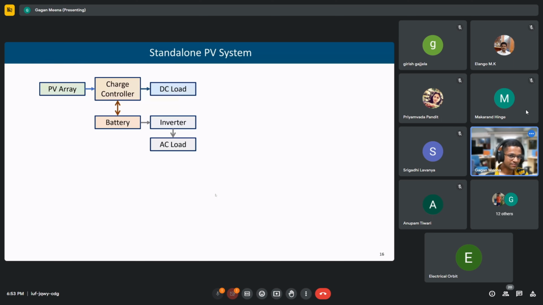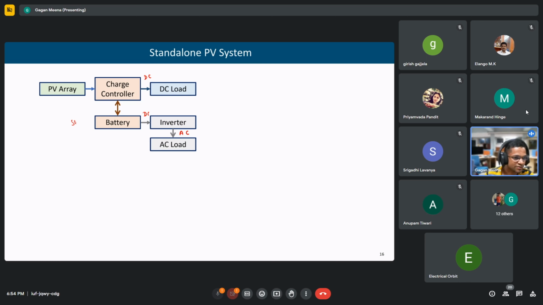The battery can supply both AC and DC loads. If it wants to supply an AC load, we need an inverter which will convert the battery output, which is DC, into AC. The output is already DC, so a DC load can be fed directly. The charge controller plays an important role. It checks that the battery is not overcharged, so it has to maintain its SOC.